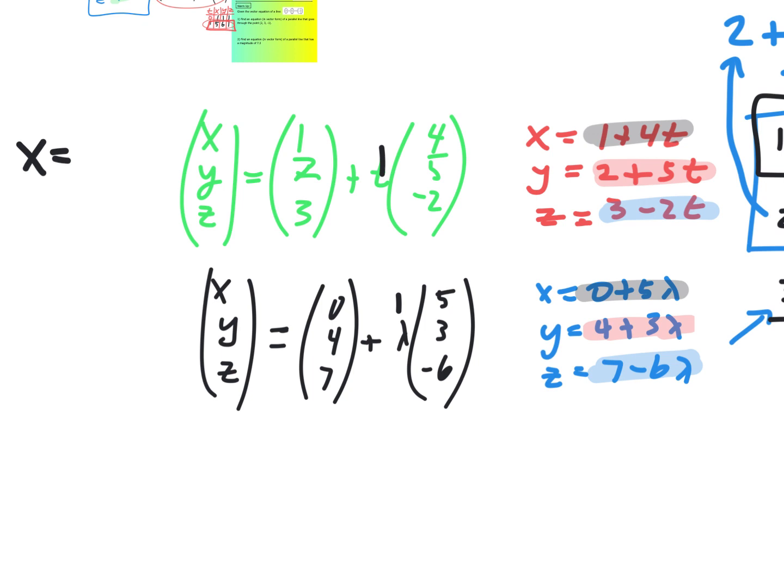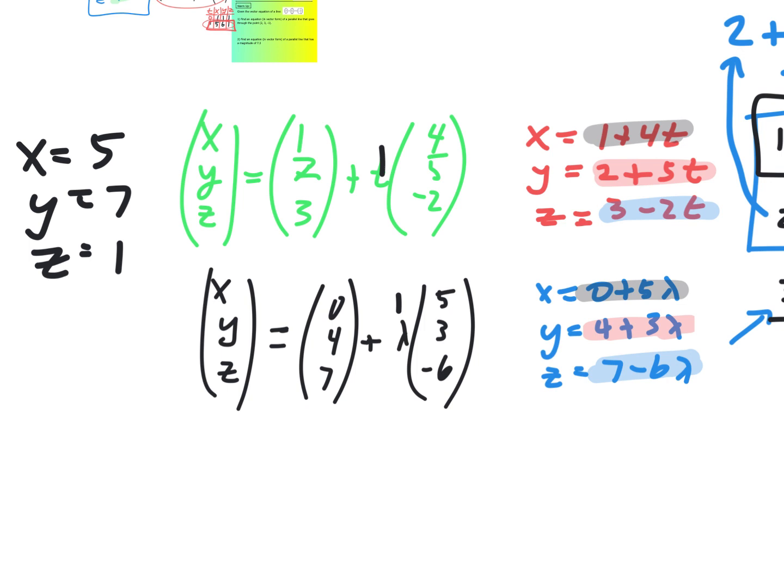X will be 1 plus 4 is 5. Y will be 2 plus 5 is 7. And Z will be 3 plus negative 2, which is 1. 5, 7, 1. Can anybody verify 5, 7, 1? Cool.